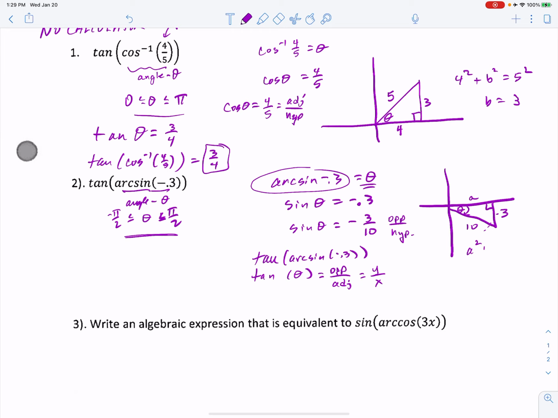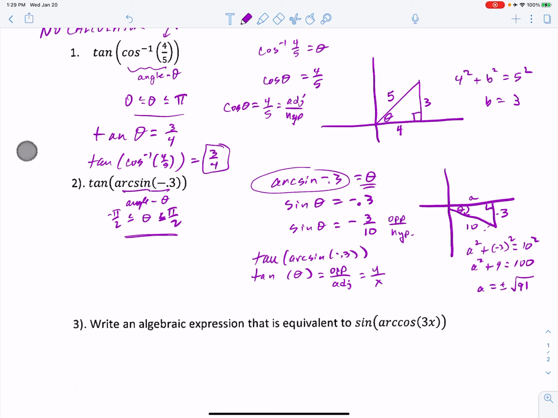So a squared plus a negative 3 squared equals 10 squared. And so you get a squared plus 9 equals 100. A would be plus or minus the square root of 91.